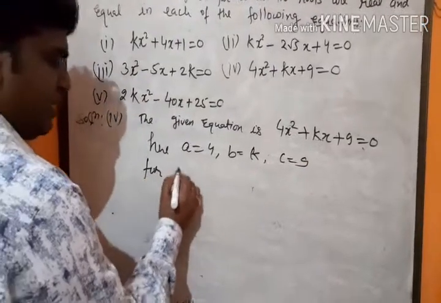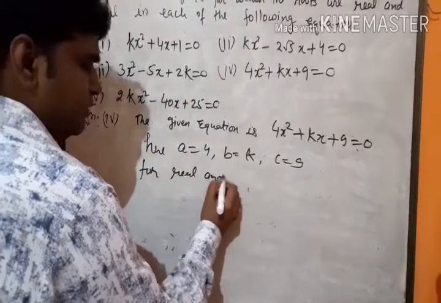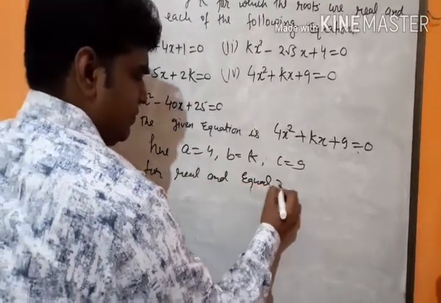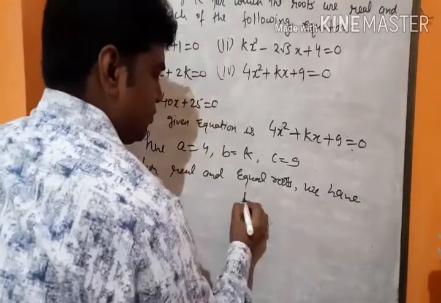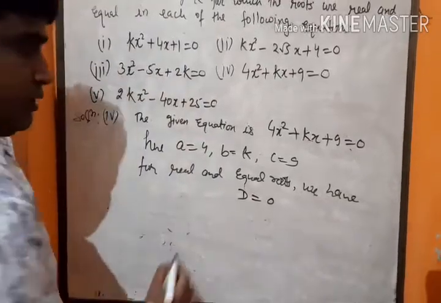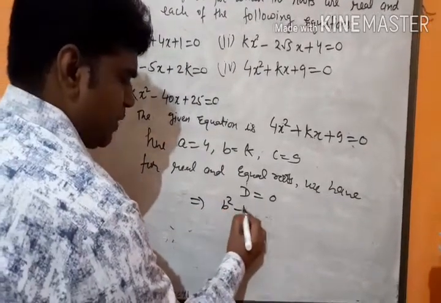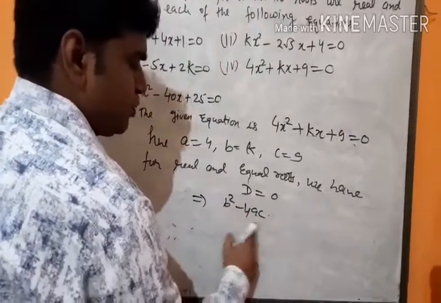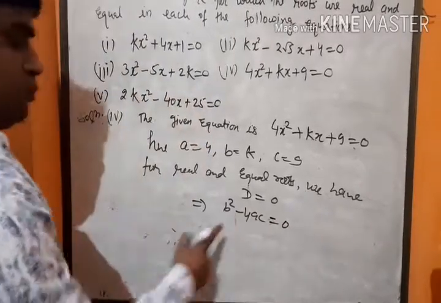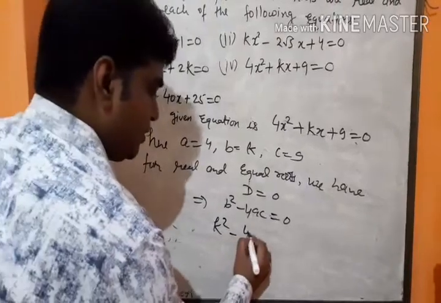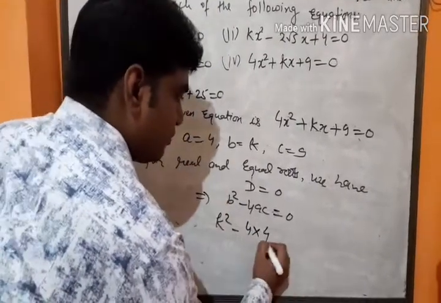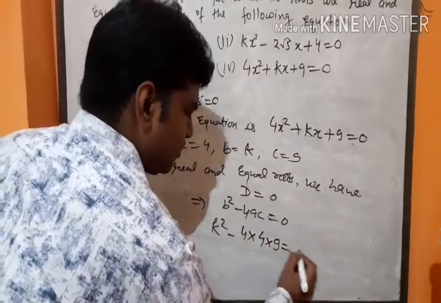Again, for real and equal roots we have D equal to 0, or b square minus 4ac equal to 0, because D is equal to b square minus 4ac. So putting the values of a, b, c we have k square, because b is equal to k, minus 4 into a, which is 4, and c is 9, equal to 0.